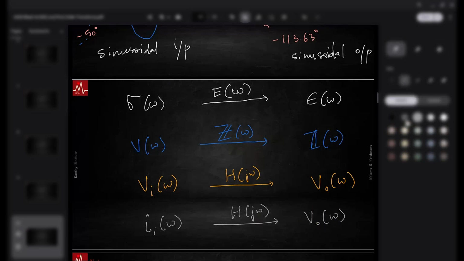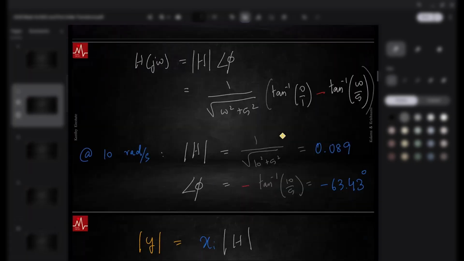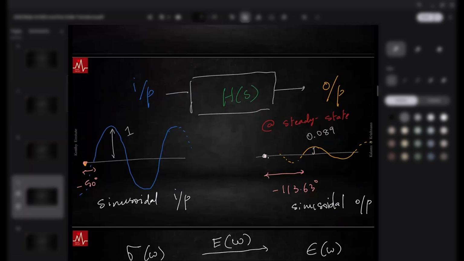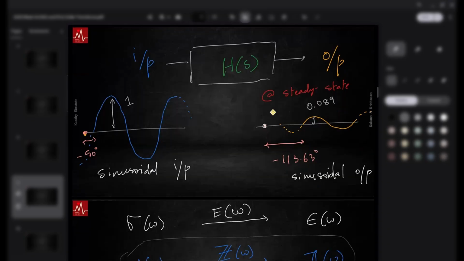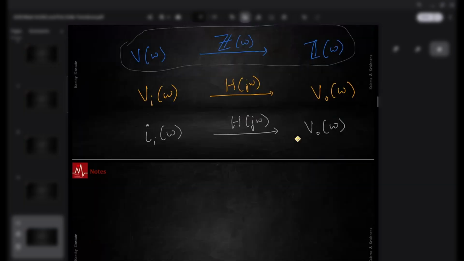Things do change. We have seen this example: impedance is one example of a transfer function. In general, this is for any system. Frequency response is a very simple example: the amplitude changes, the phase changes. And now comes a question, sir. You are saying steady state response. What is the steady state response? Can you also differentiate that? For that, we'll have to solve a different problem.